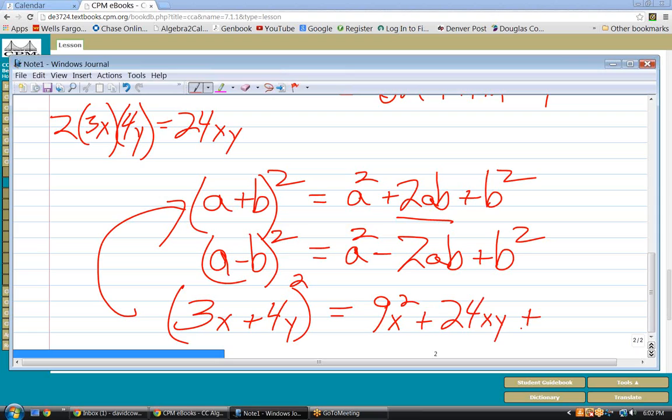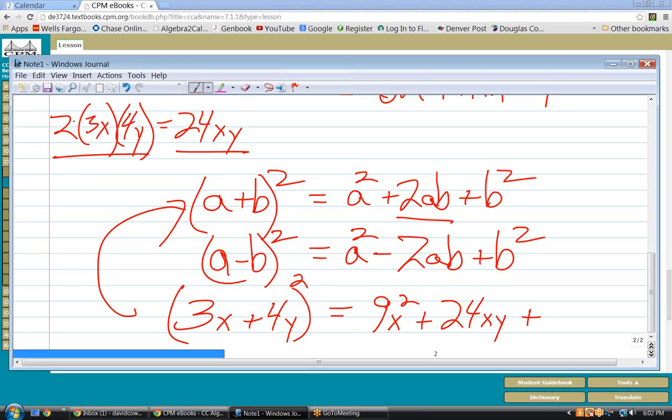And what's the last term going to be? Wait, how did you get 24? 2 times 3 times 4. Okay. And then x times y. Oh. Wow, that's confusing. Well, you just multiply all the terms together.